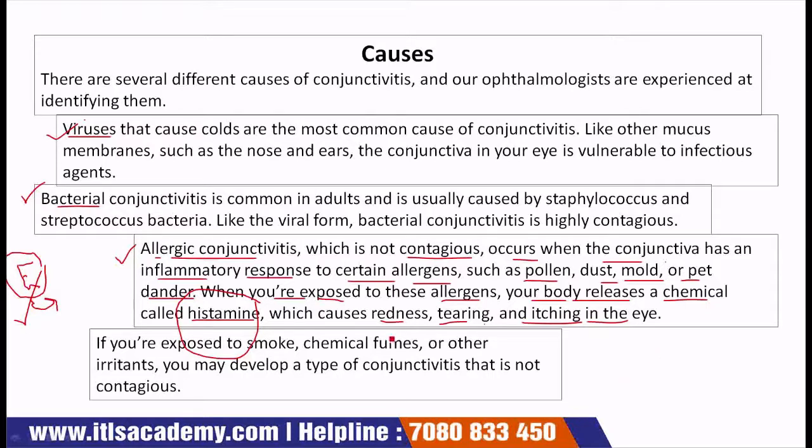Although this can irritate you, that is redness, tearing, this is the process of body's defense. This is the part of body's defense system, because it wants to recover the things that have gone wrong. So there is redness, tearing, and itching in the eye.